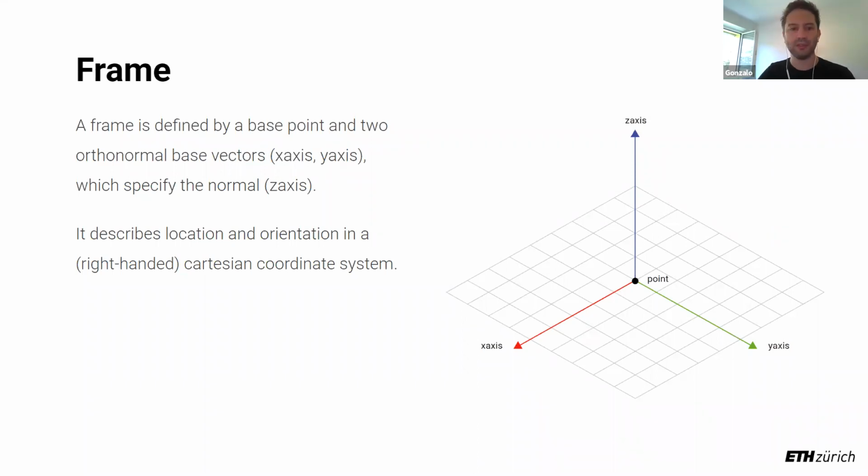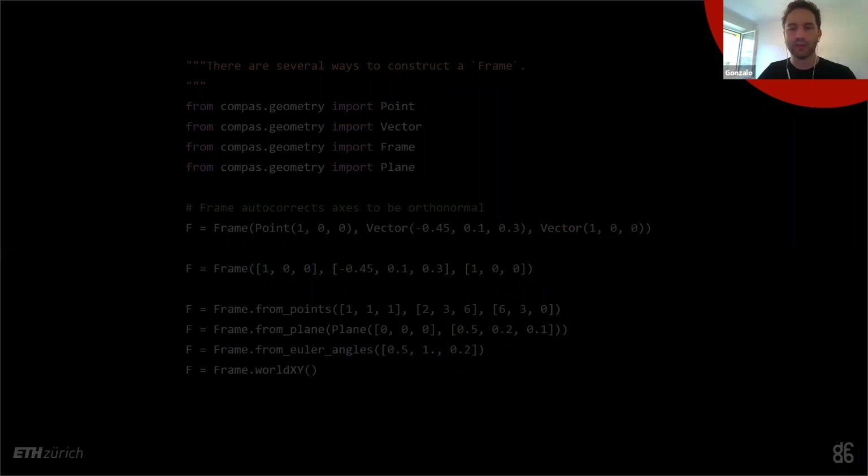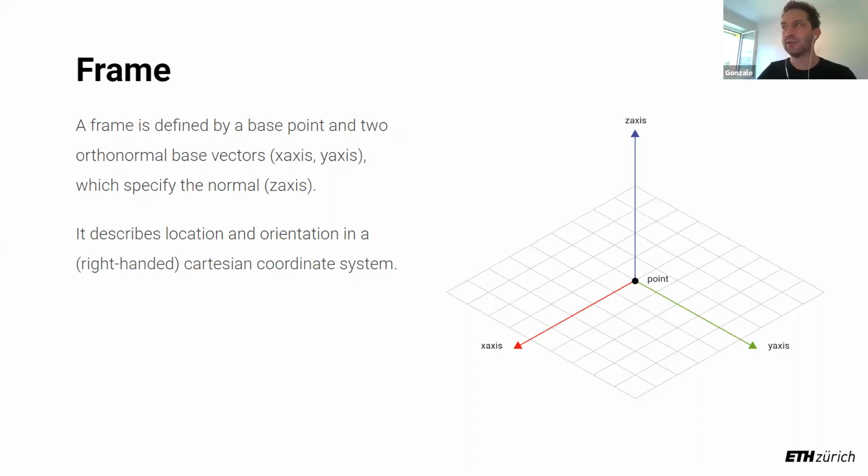It's the same thing. The difference is that in COMPAS there is a plane class that has two vectors, I think, so it's free in one axis.